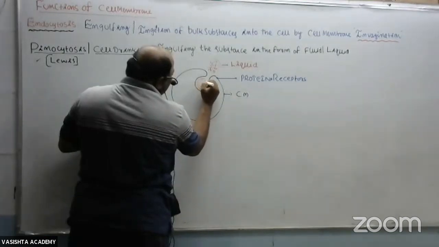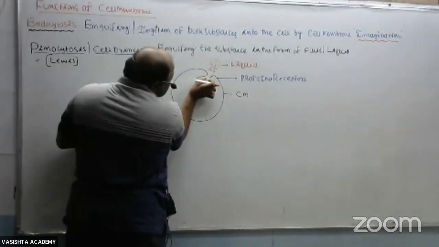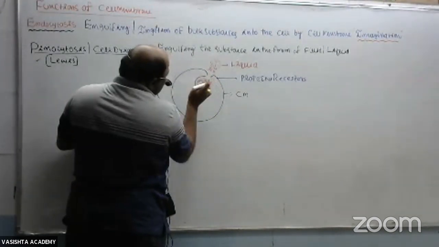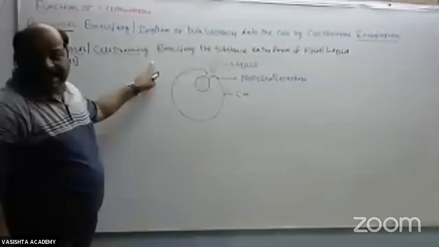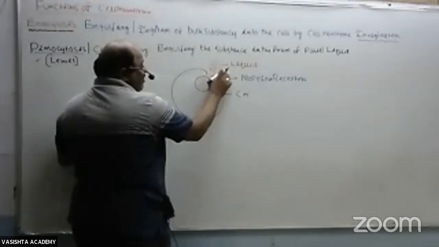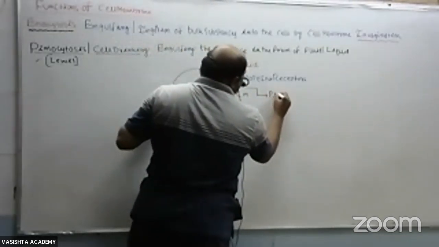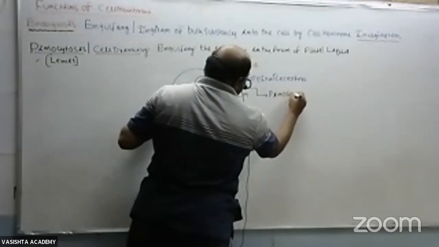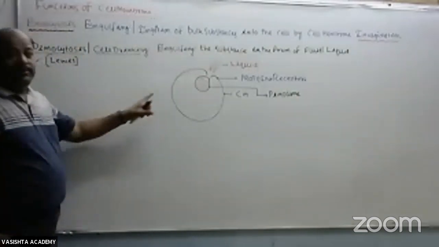After the entry of the liquid, the cell membrane is pinched off. This is pinocytosis, where the cell membrane engulfs the material in the form of liquid. It is otherwise called a pinosome.